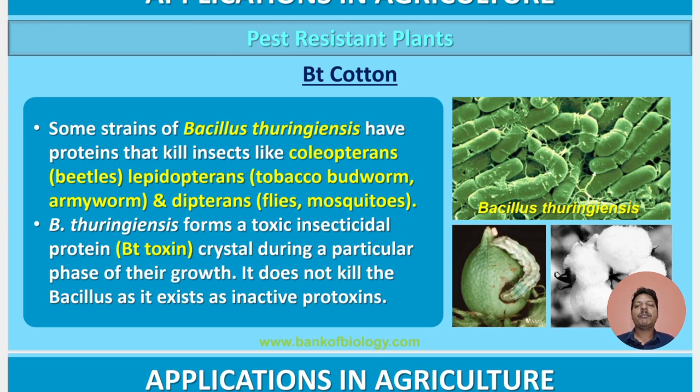Bacillus thuringiensis forms a toxic insecticidal protein, called Bt toxin crystals, during a particular phase of its growth. It does not kill the bacillus as it exists as an inactive protoxin.